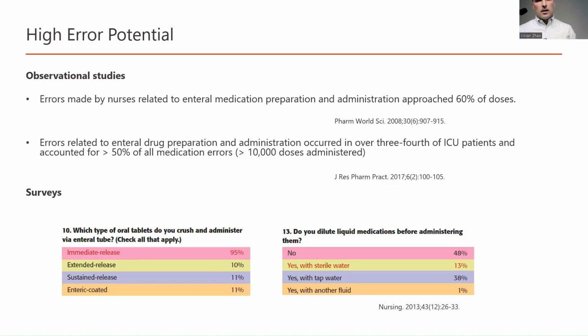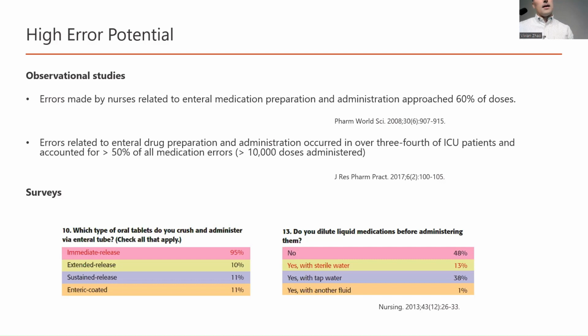Surveys, this was a survey that was done by Joe Bellotta and Peggy Gunther back in 2013. They collected data to assess nursing administration practices of medications via enteral feeding devices and compare that to published standards. And there are 19 questions. It's an eye-opening survey. Obviously, I cannot list all 19 questions as part of this presentation, but two of the questions that I listed on this slide, first one, number 10, is which type of oral tablets do you crush and administer via an enteral tube?